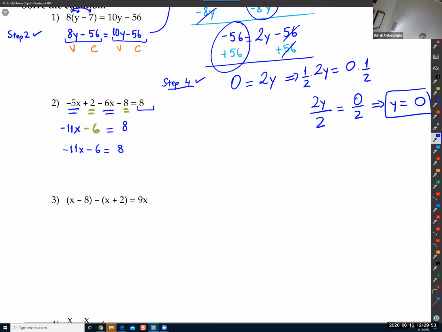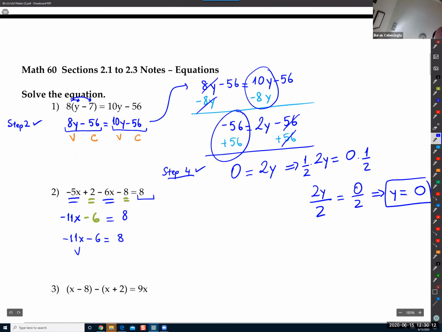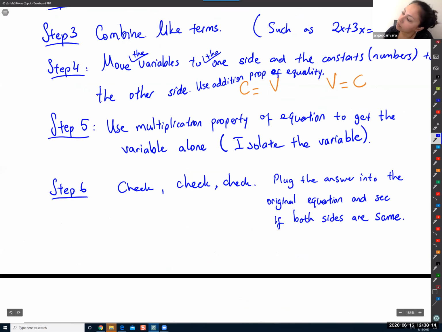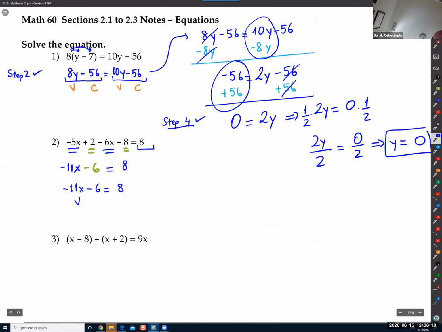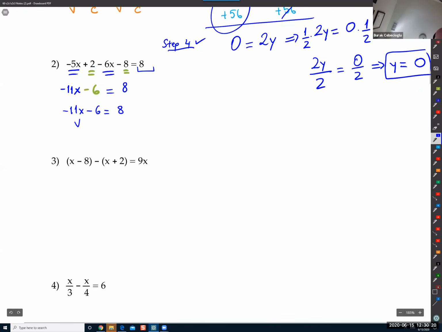Step 3 was combining like terms. Are you done with that? Yes, you are done. Step 4, what does step 4 tell you? Anyone? Angelica? To move the variables to one side. Yes, step 4: move the variables, use the addition property.